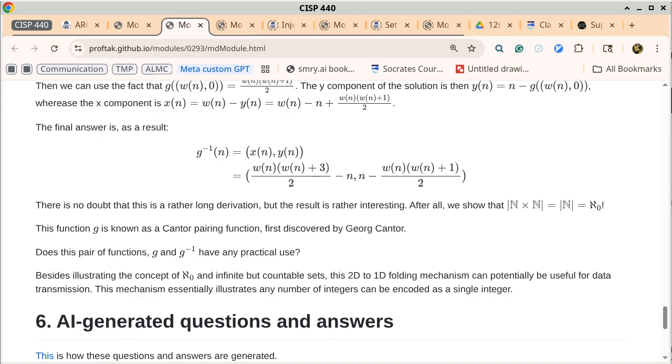You can start with a three-dimensional space and fold it twice into a single-dimensional space, or start with a four-dimensional space and fold it three times. So that basically says if you have a finite dimensional space, and each dimension is a natural number, that whole hyperdimension can be folded into a single dimension of natural numbers.